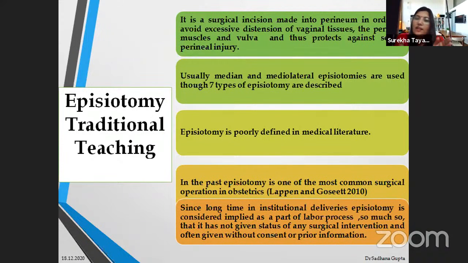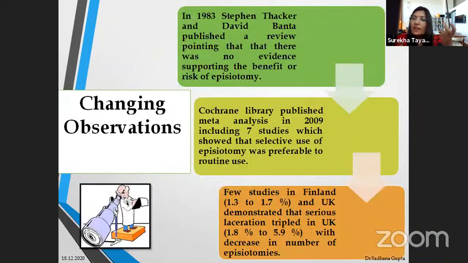There are certainly indications in which we will follow it, and of course it is a right mediolateral episiotomy with a good angle, and you need to be very careful at the time of crowning. If you need an episiotomy, then it has to be a good one. You cannot give just a small cut and finish it off.